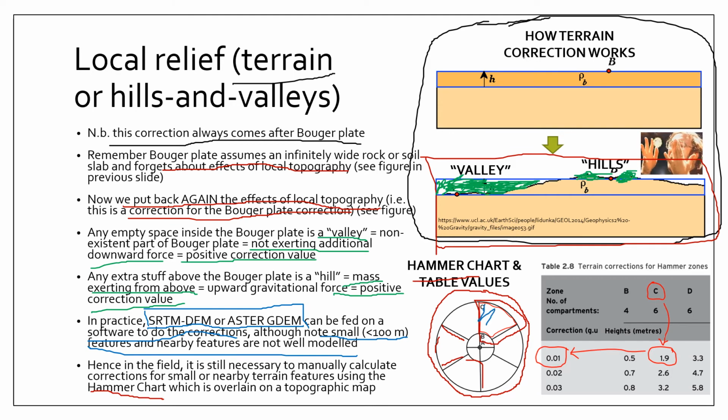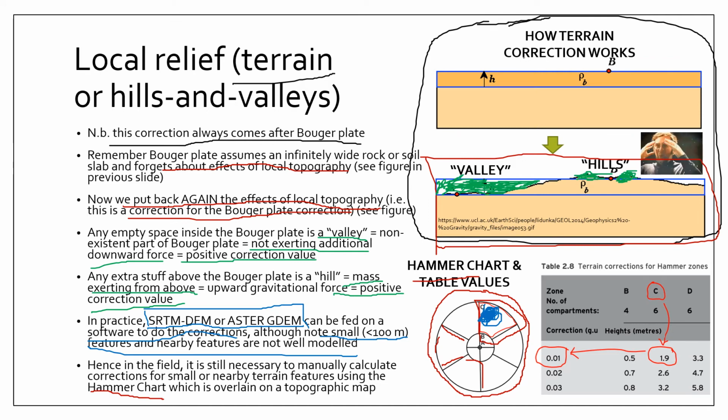Let's say you have a hill in there. All right, so let's say this is the size of the hill, and it has a height of 4 meters. This hill has an average height of 4 meters, and then the rest is just level ground.